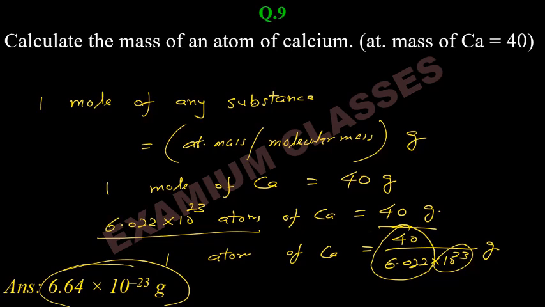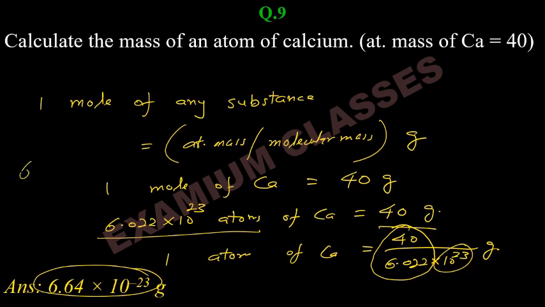Understand the steps? Sir, is it so that we don't try to disturb the 10 raised to the power 23? Because here we could have converted the 40 by dividing 6.022 by 4 and then taking the 10 to the 23. Here the calculation is straightforward because 40 divided by 6.022 will give you 6.64, which is the standard form. You have studied in previous classes that the standard form is where the decimal is just after 1 digit.